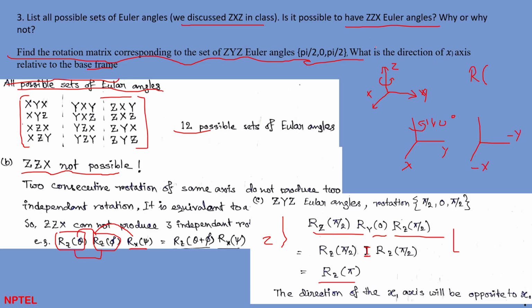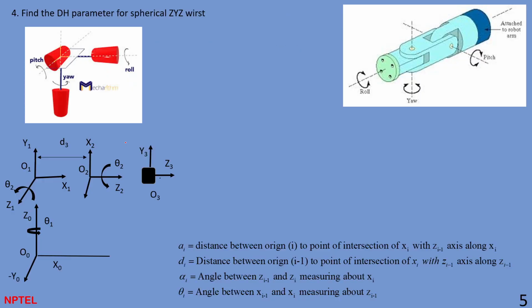So what is the direction of the x axis related to the base frame? The x direction will be opposite to that of the previously given. So the new x axis will be the negative x, and the new y axis will be negative y. This way you need to solve this kind of problem.